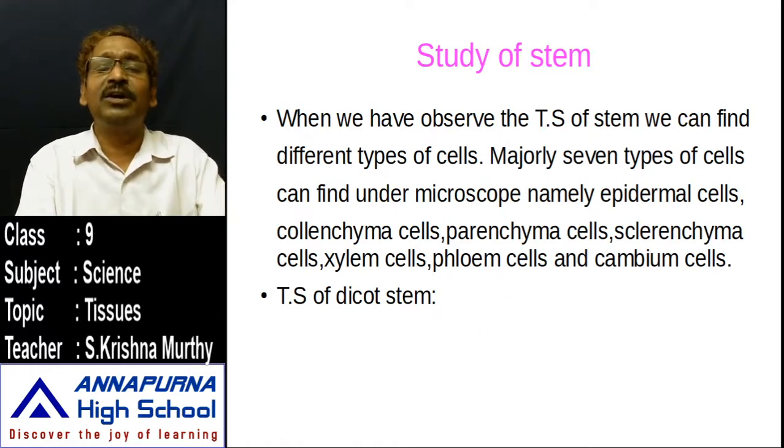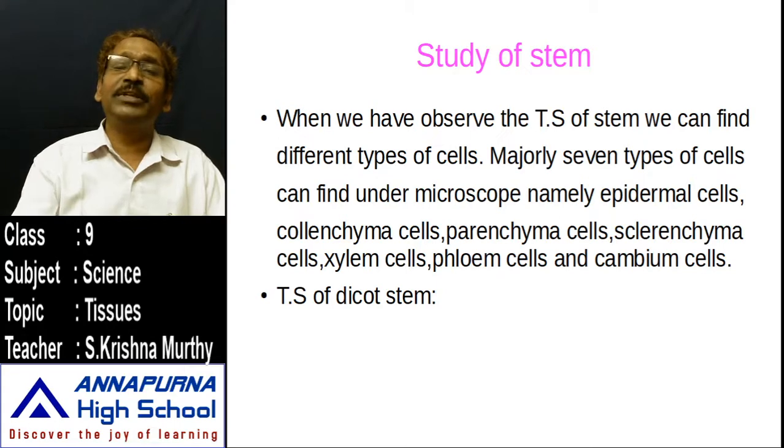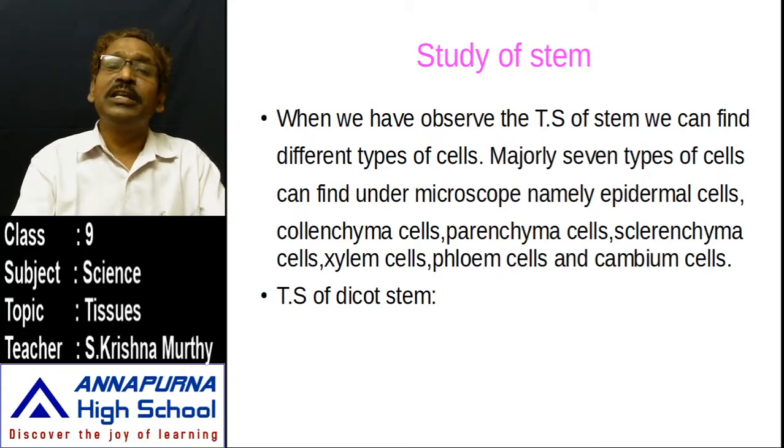So the epidermal membrane helps to protect from the external environment. And not only that, wherever there is empty space, that space is known as stomata. The stomata help in the transportation or exchange of gases.